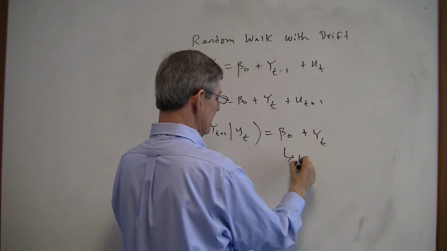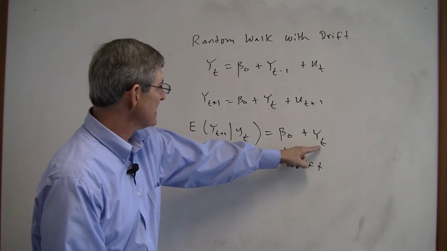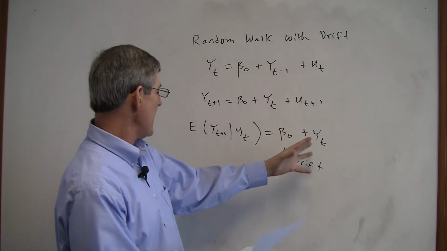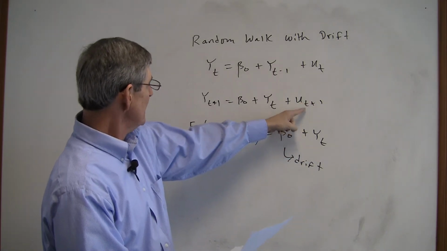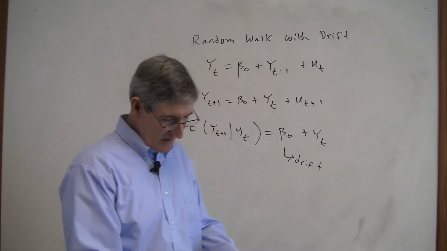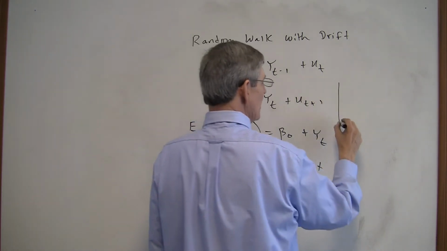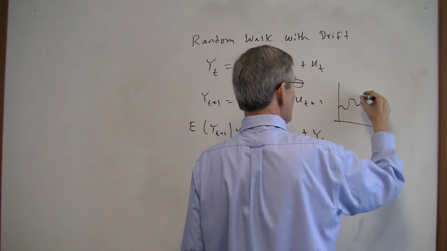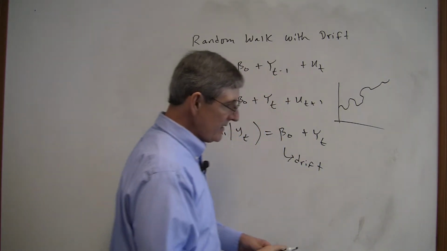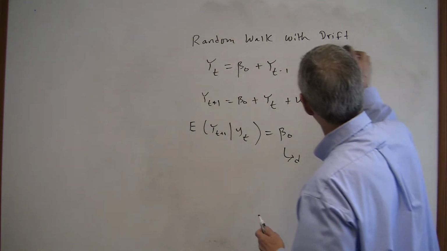So this is the drift. It's where you were yesterday, but you always drift in a particular direction. So you still take a random walk, ut, but this always pulls you in one direction. And these usually look like just a wandering upward path.